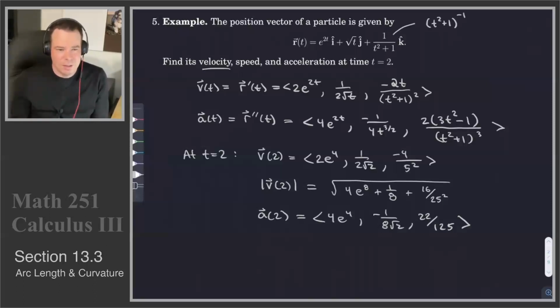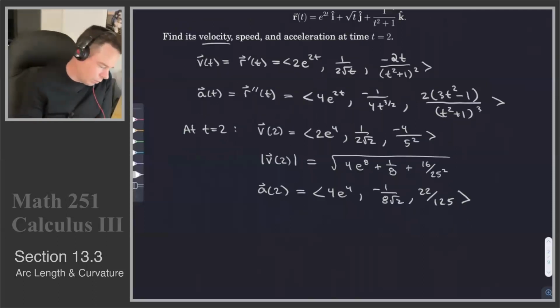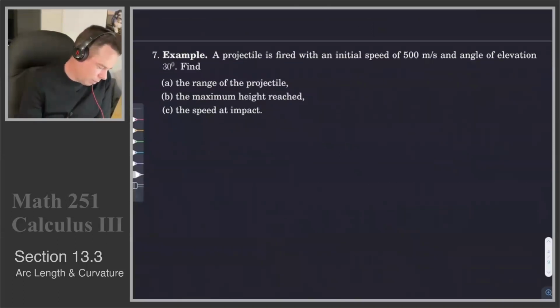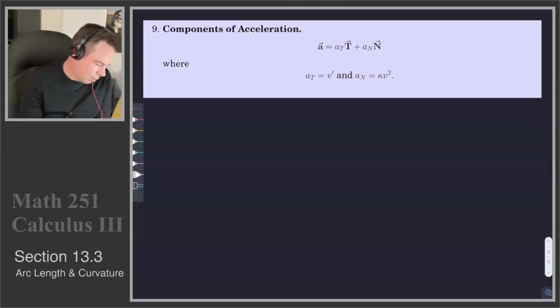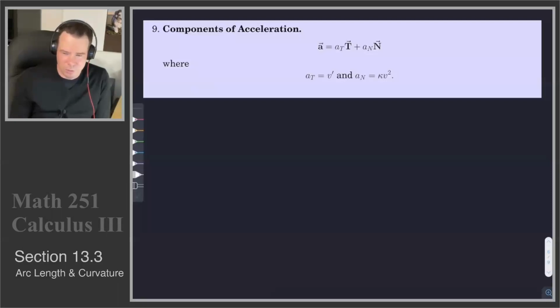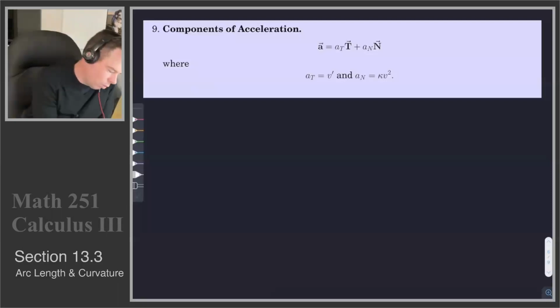So we're going to see that acceleration breaks up into 2 components: a tangential component, and another component related to the curvature, known as the normal component of acceleration. I'll scroll down a little past these 2 examples. There's the component that goes in the T direction, and another that goes in the normal direction. The normal one seems to be related to curvature; you can see a kappa appearing there.